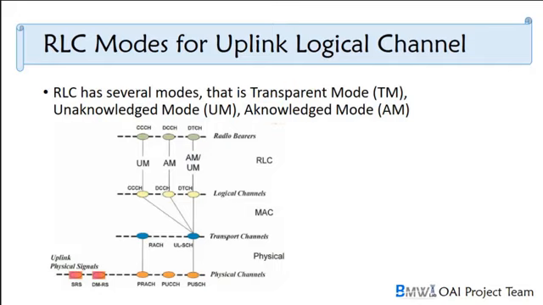MAC is the layer between logical channel and transport channel. Between the physical and transport channel, we call it the physical layer. RLC is the layer between logical channels and radio bearers. After the logical channel means RLC, after RLC comes PDCP, and after PDCP comes RRC.